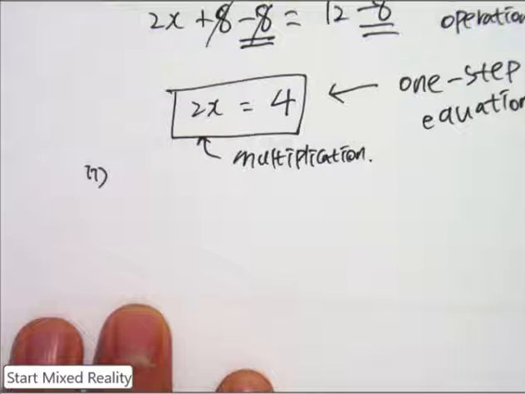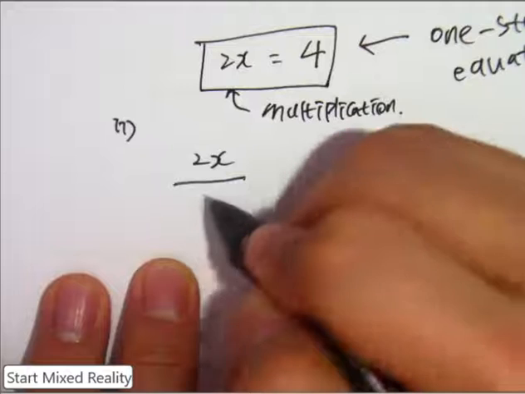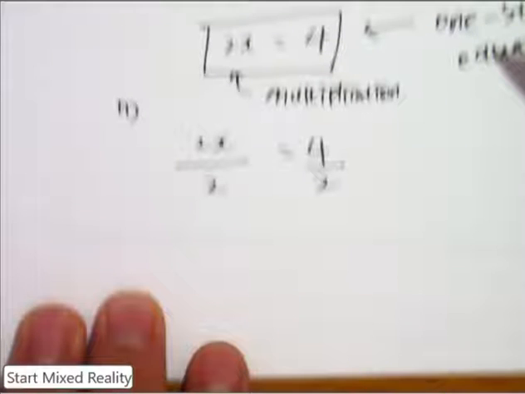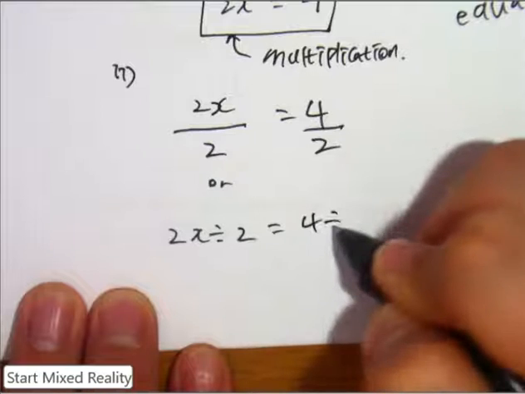So we need to do the opposite of multiplication, which is division. You can say 2x over 2 is equal to 4 over 2. Some people prefer doing it this way, or if you really want, 2x divided by 2, 4 divided by 2.